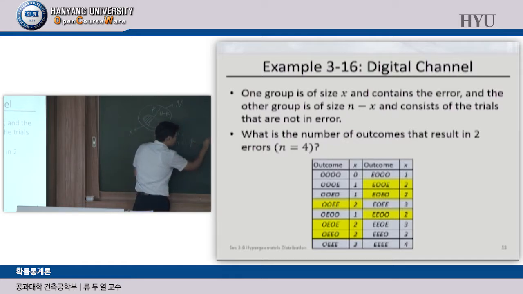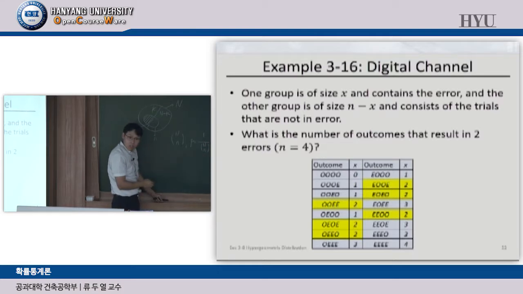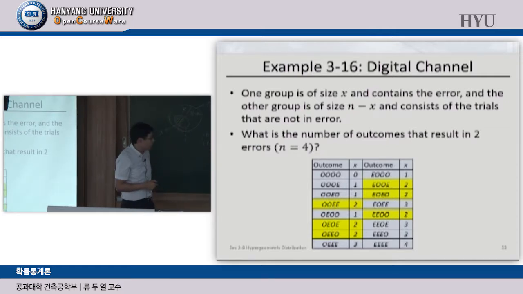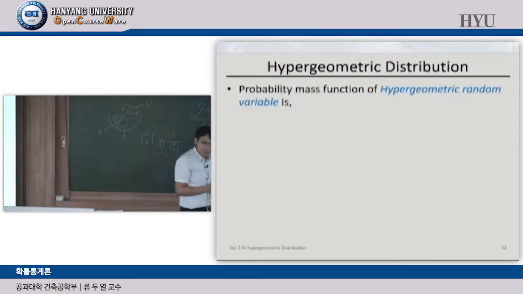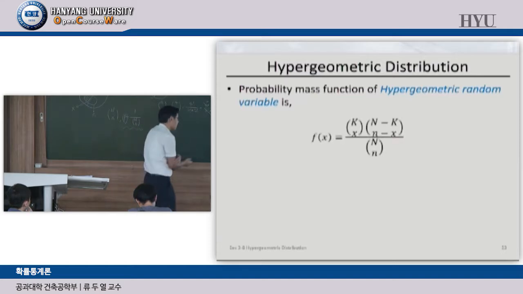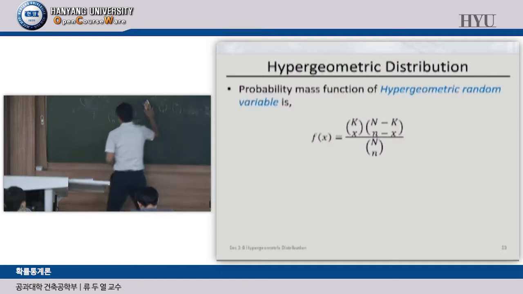The probability is 1 over N choose n, right? Okay? Because this is the equally likely case, all the probabilities are the same. So since the total number of outcomes is this, 1 divided by this is the probability of being selected, right? So, this is the probability. And then, the probability mass function of a hypergeometric random variable is this equation.